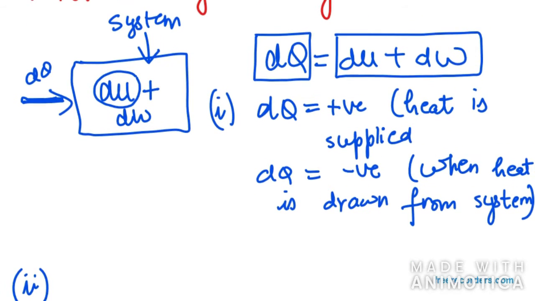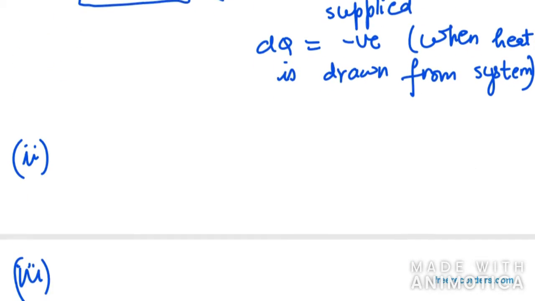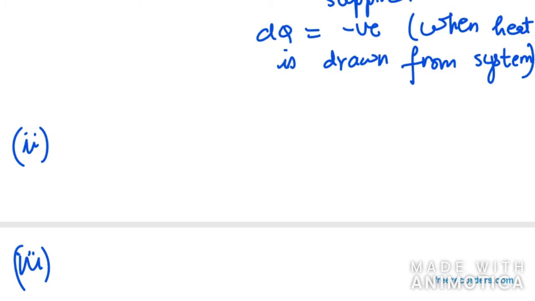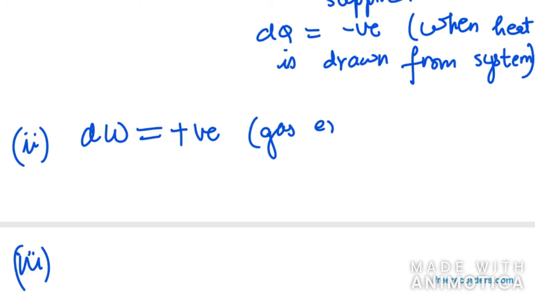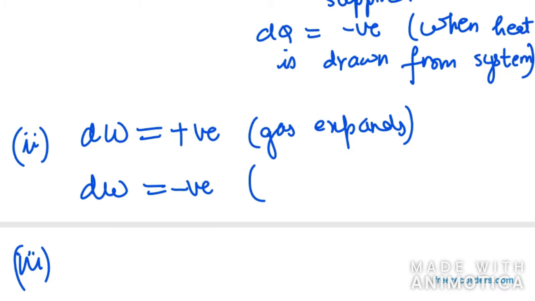Now the second one, work done. It is denoted by dW, and when gas expands, dW is taken as positive. When dW is negative, that means gas is compressed.